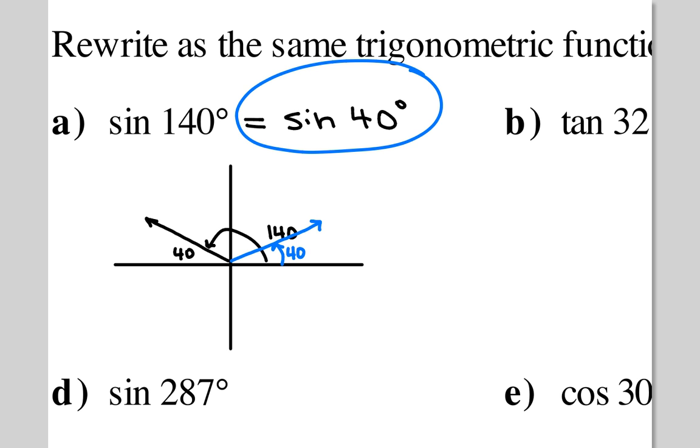And if you notice, they would have the same height. So the sine of 140 and the sine of 40, it's the exact same y value. Do you agree? And the radius is the same. It's the same radius. So that means these two things have to be the same.